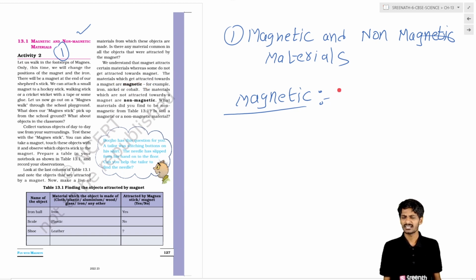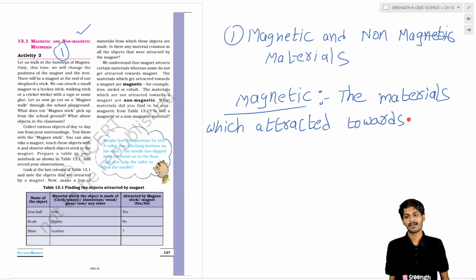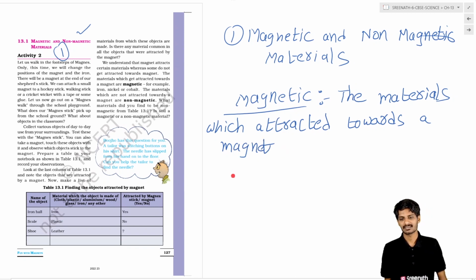Magnetic materials are nothing but the materials which are attracted towards a magnet. So what are magnetic materials? It is very simple.